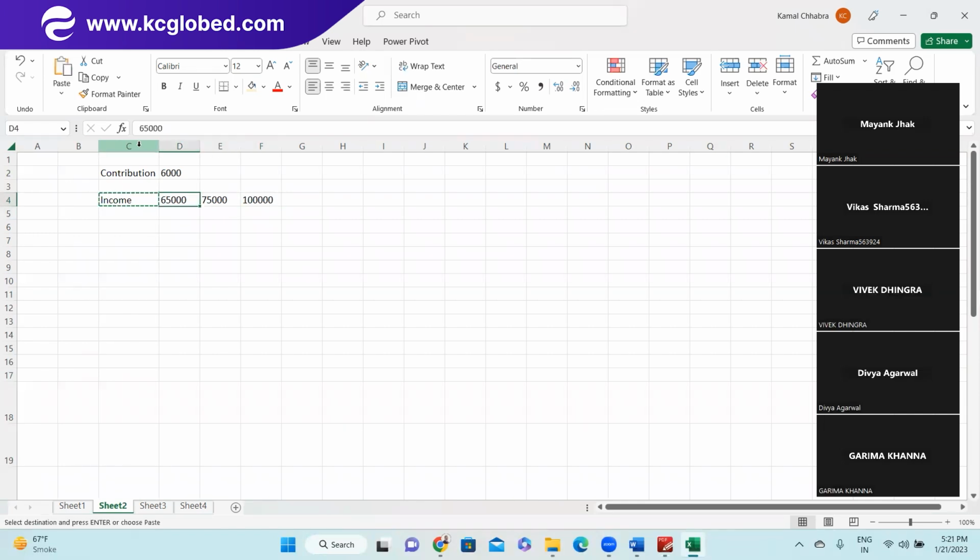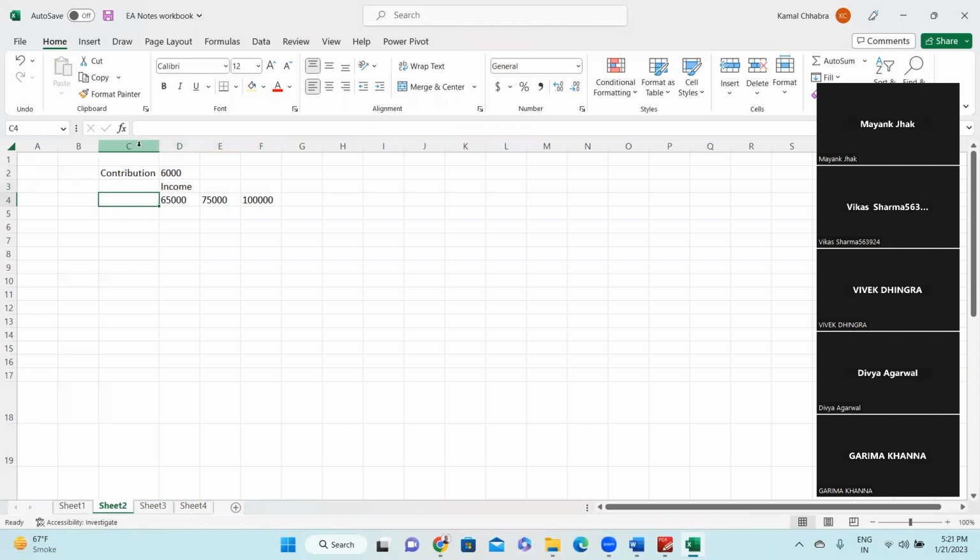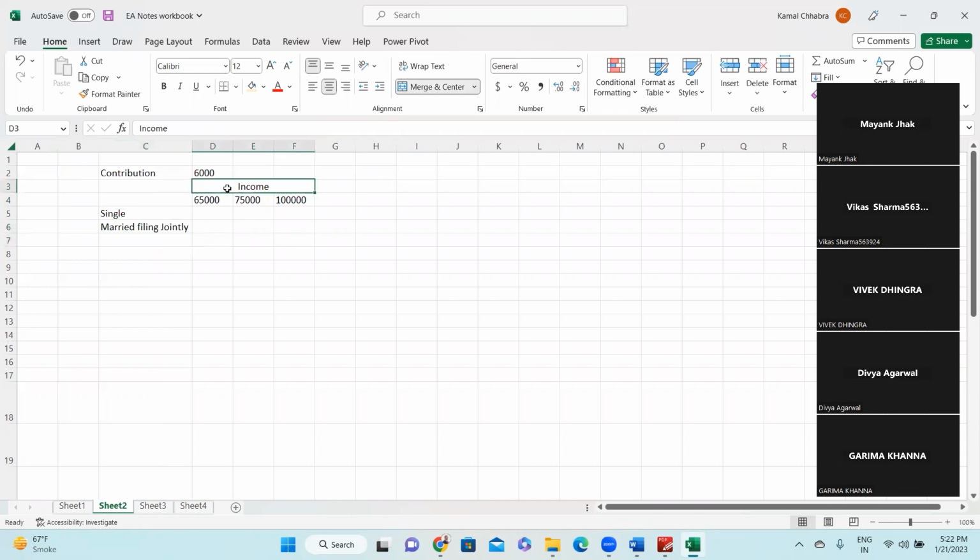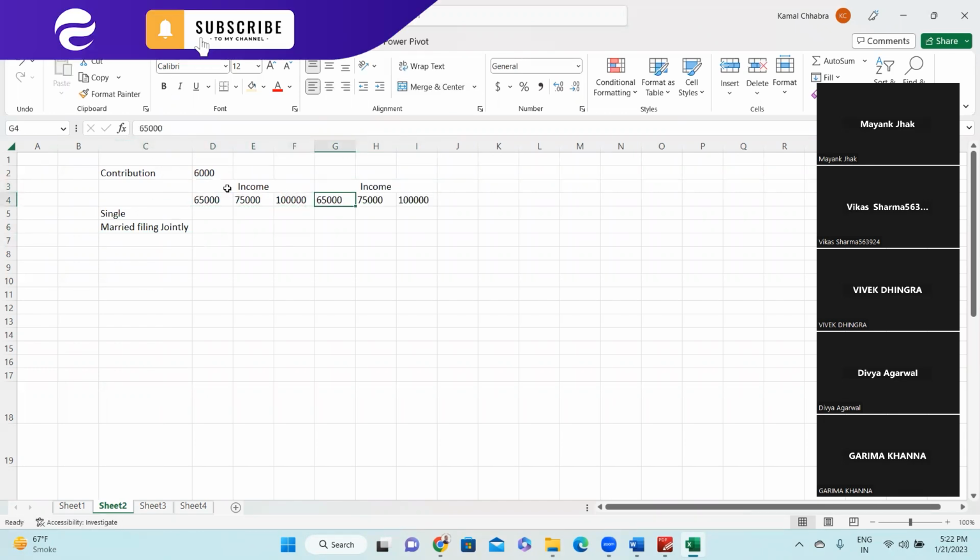So your income is, let's say, this. See, this is your income, right? Now your individual, or you can say single, or your married filing jointly. In case of married filing jointly, let's say 200,000.